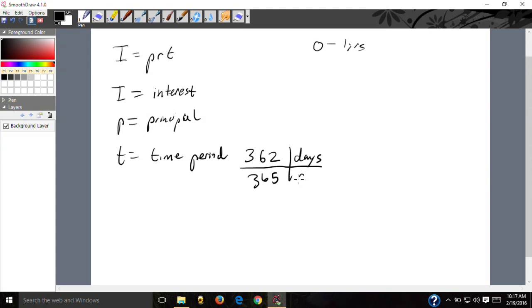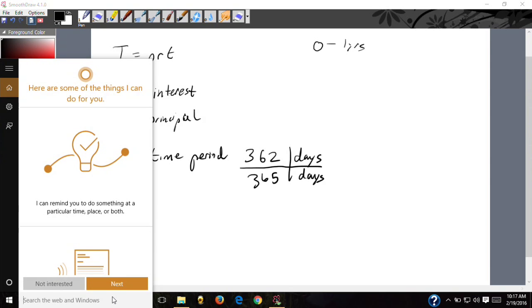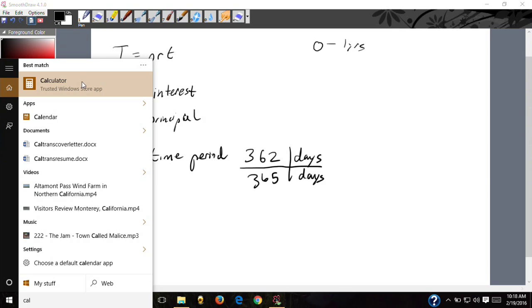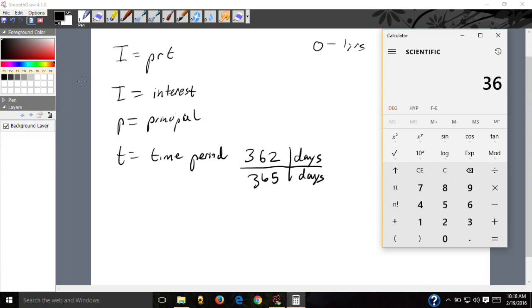If I put this into my calculator, 362 divided by 365, I get 0.9917 rounded. But it's important that in this section you do not ever round any of your numbers until the very end. And that's very important in finance because that's the difference between $500 and $5,000.